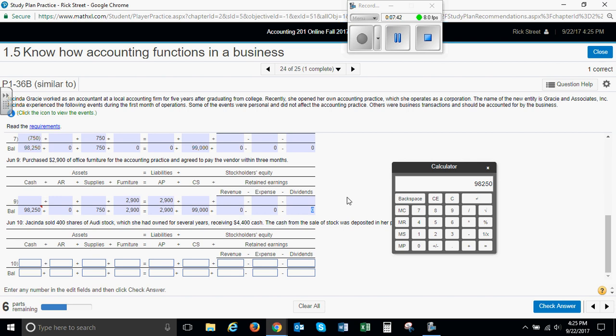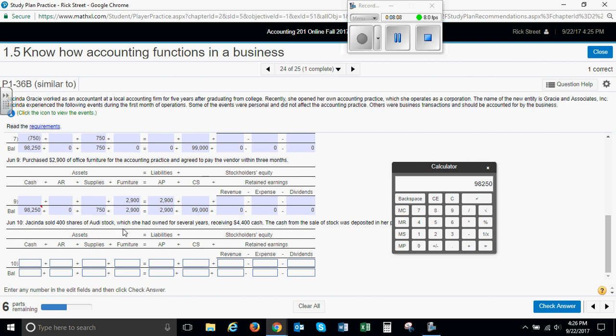Okay, well, it just passed me on. And it says our balance of 98,250 is incorrect. Or what did we put? It says we put 99,250. I guess I didn't save that transaction. So anyway, we go on. It is very easy to make a small error, and it's important for you to know that that cost me just a little bit of points.